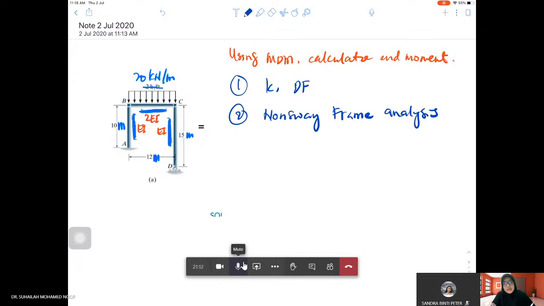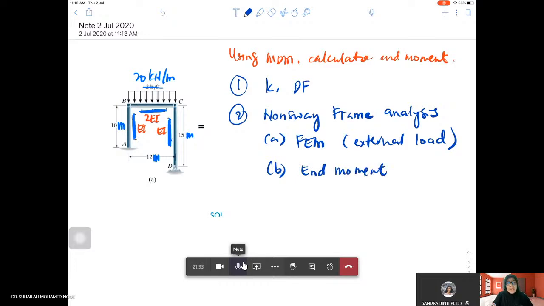Under step number 2, we have A, fixed end moment. We have to calculate the fixed end moment due to external load. B, then calculate the end moment, which has the symbol M naught.